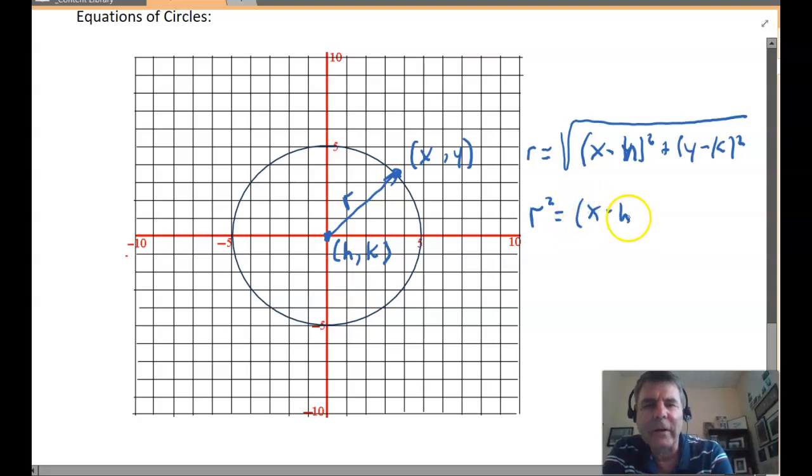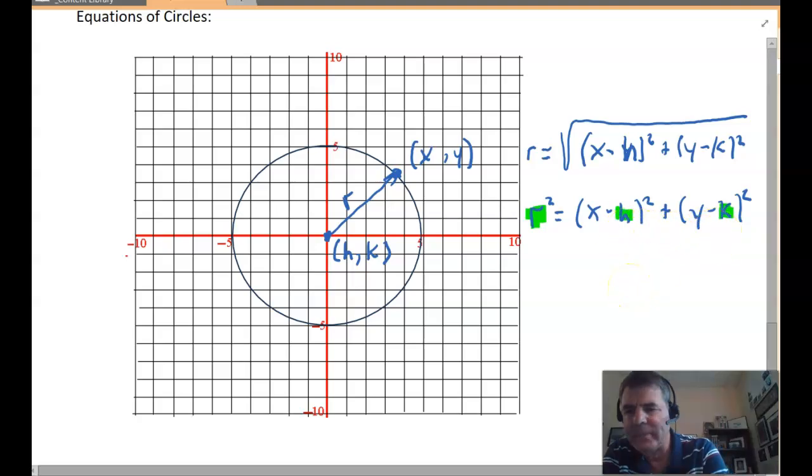And so this is called the general form of an equation of a circle. Now, it's got some important parts. r is right there. It's always being squared, so you have to square root it to get the actual radius. h and k are always being subtracted, and those are the coordinates of the center of the circle.